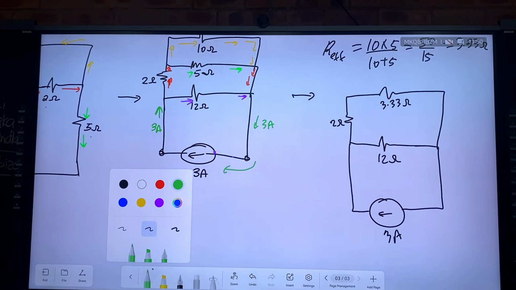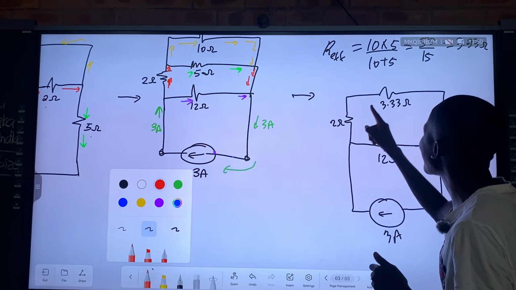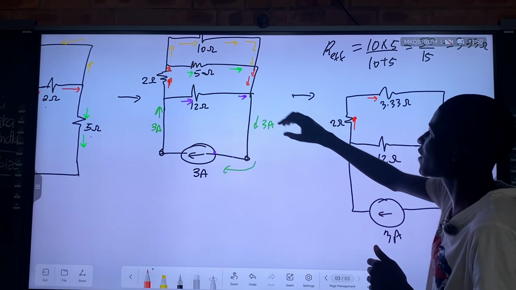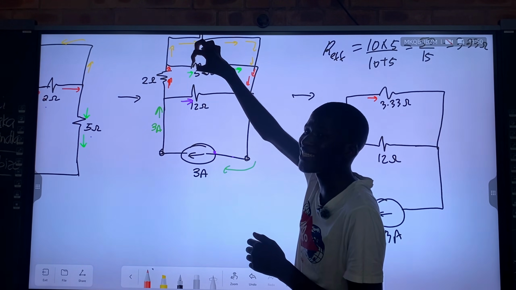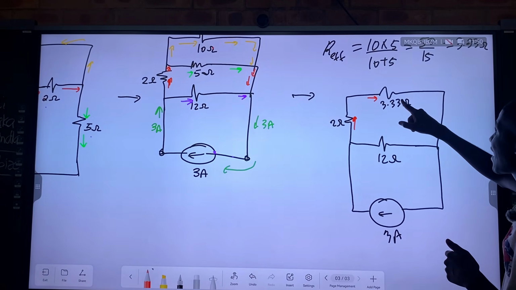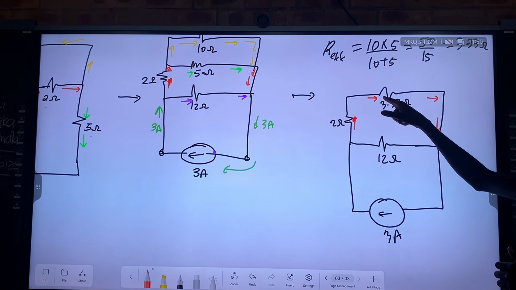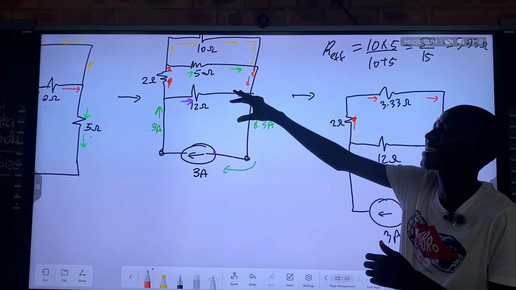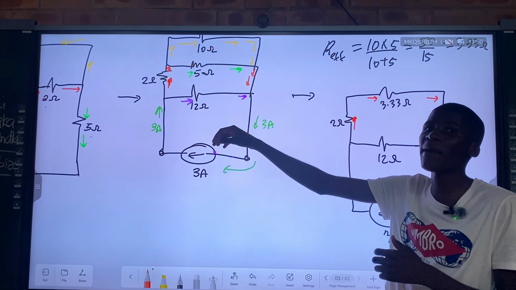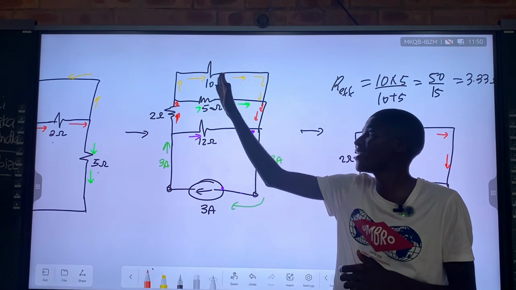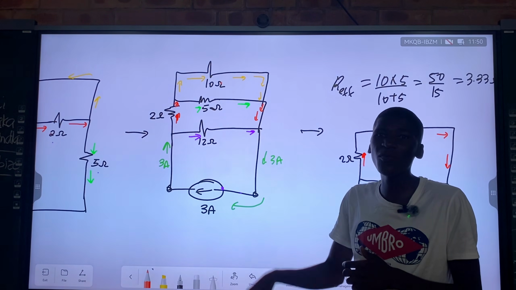This total red current goes into the 2 ohms and then enters this effective resistor, this combination, the 3.3. This is the red current, right? In the original circuit, this red current has been split. Some of it went to 10, which is the gold one, and some went to 5, which is the green one.